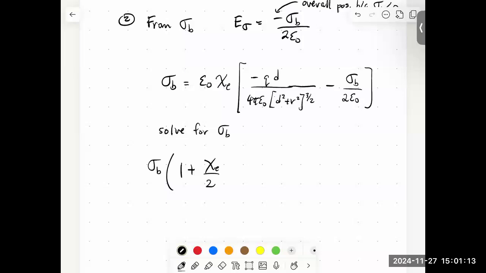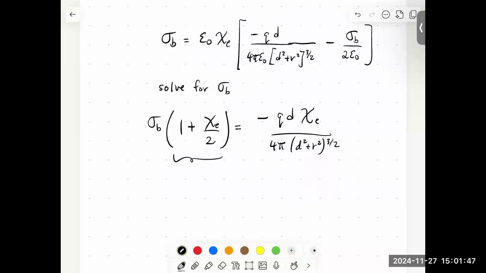So chi e over 2 is equal to, let's see, it is minus qd. The epsilon naughts cancel. There's a susceptibility, and then divide by 4 pi, d squared plus r squared to the 3/2 power. Let's see, this thing is equivalent to 2 plus chi over 2.